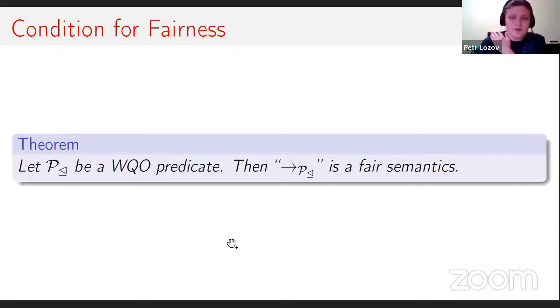We have proved that the semantics based on the well-quasi-ordering predicate is fair. Thus, we have got a whole class of fair semantics. Now we define the semantics from this class, which is efficient in practice.